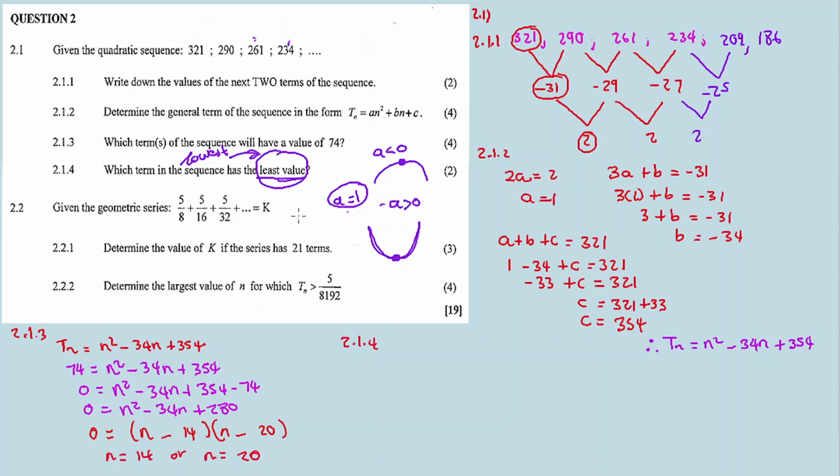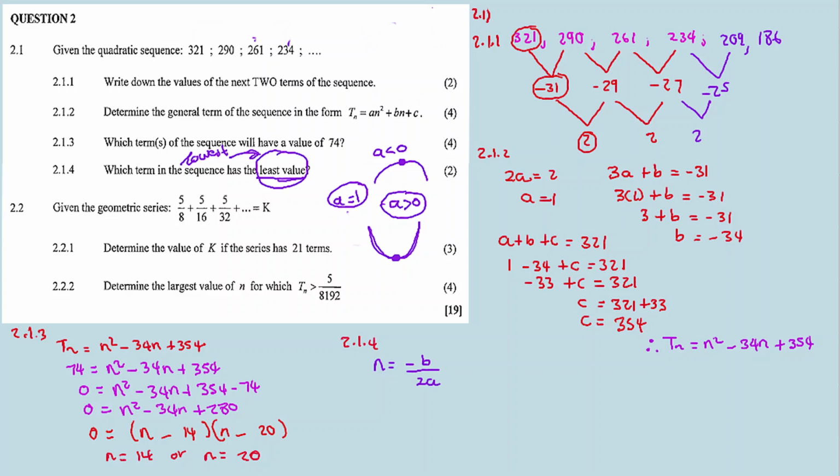So in other words, we have to calculate the turning point for this general term, or this quadratic equation, or this parabola. The turning point will give us the least value because a is greater than 0. We calculate the turning point using this formula, n equal to minus b over 2a.